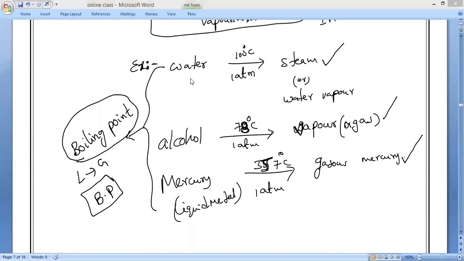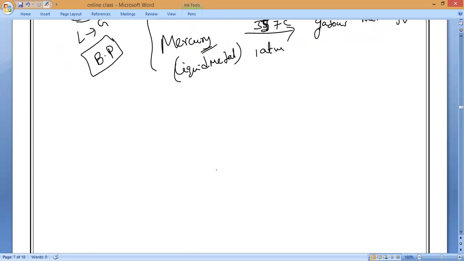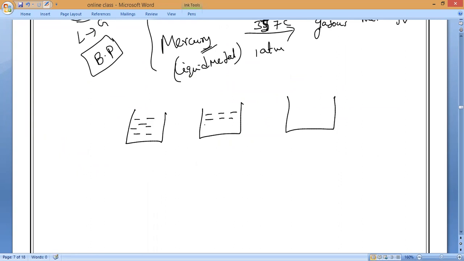Water has a different boiling point. Alcohol has a different boiling point. Mercury has a different boiling point. So what does this boiling point indicate? All are liquids only, but still why do different substances have different boiling points?